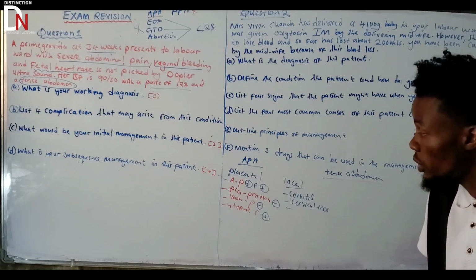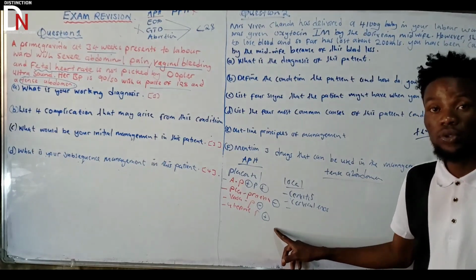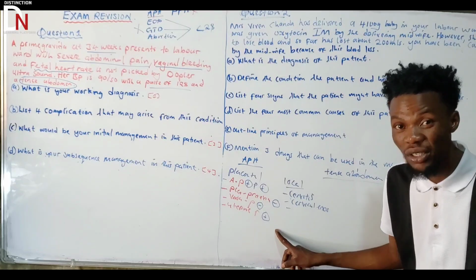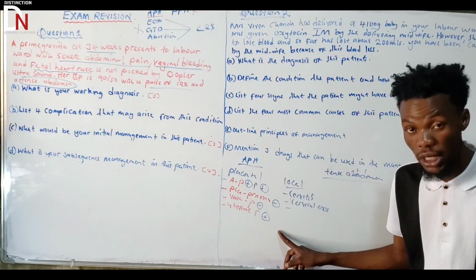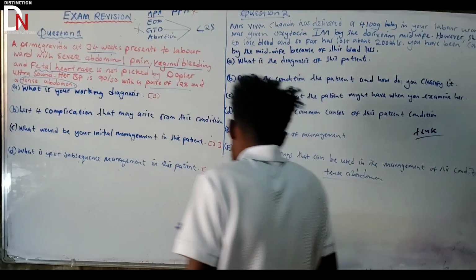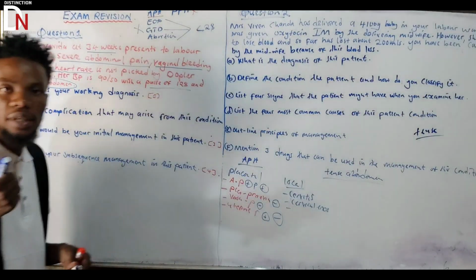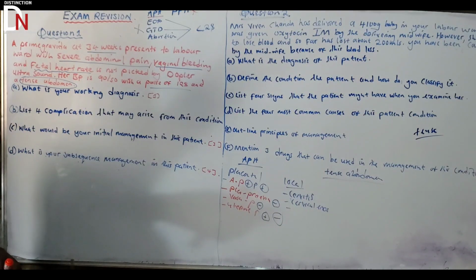Then there will be no contraction. So what I'm simply saying is that in uterine rupture, the contractions are going to decrease; basically there will be absence of contractions. So according to the scenario, there is one feature that is negative for uterine rupture.